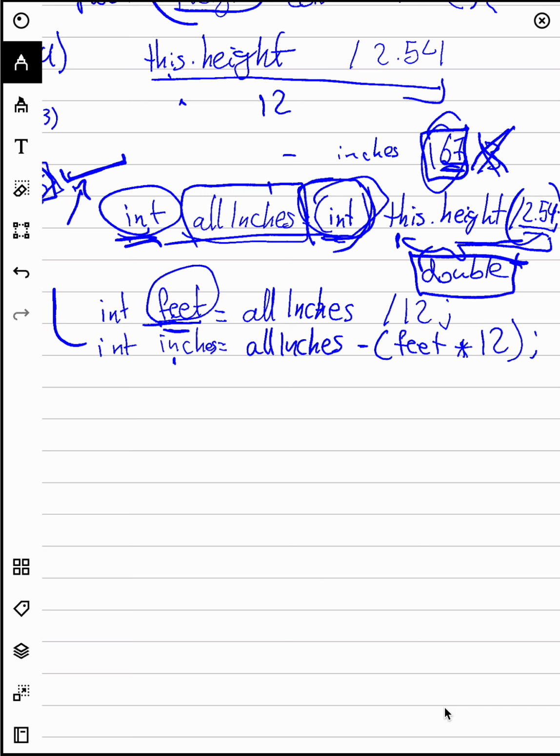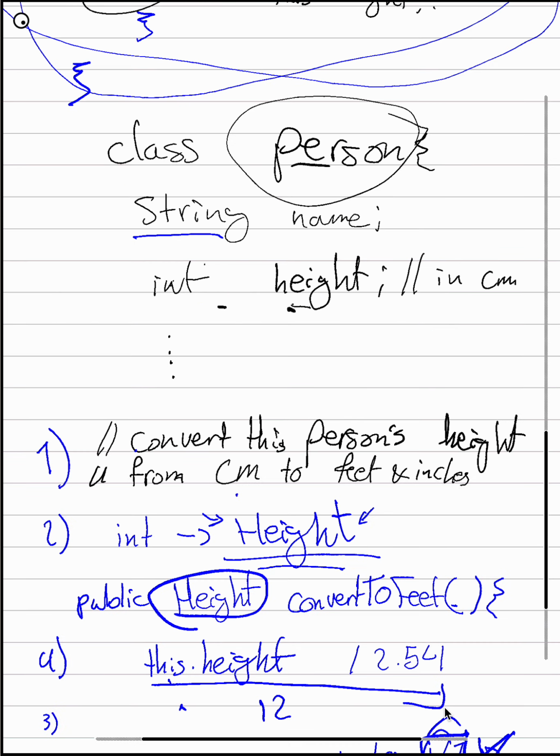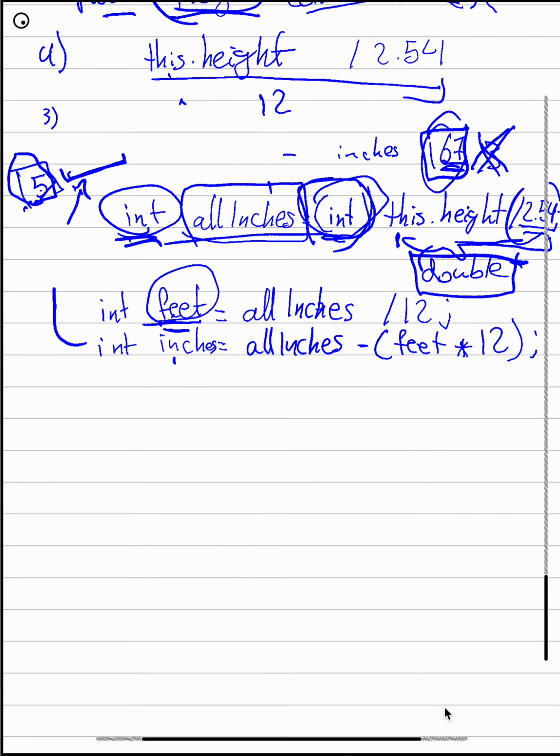Okay, so now that we know how the math works, so we know that these are the feet, these are the inches. Now, how do I finish the method? Let me scroll up a little bit. So remember, we're saying public height convert to feet. What does that mean? It means that Java's expecting height, right?